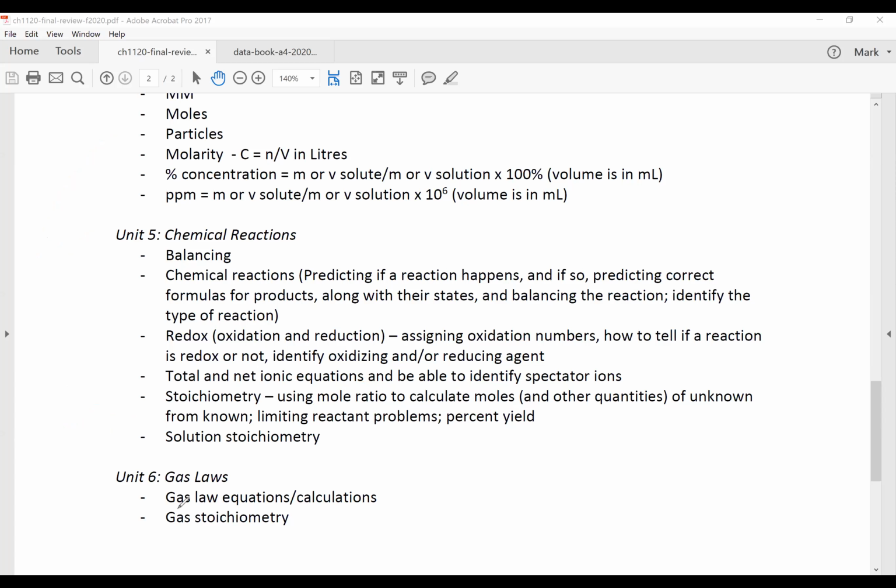realistically, I can explain chapter 6 pretty easily. This is actually your multiple choice. You have one question on your final exam about gas stoichiometry. That would have been the second last problem we did.